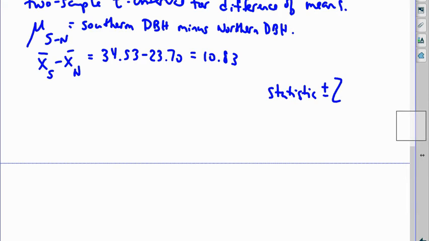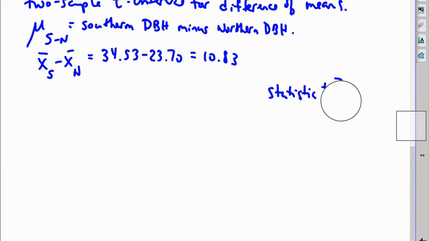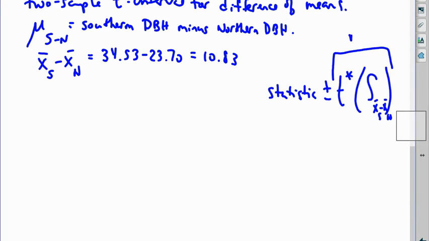Whoops, in this case it's a t, not a z. I was about to write a z. Critical t. And then in here you're going to have your standard error for your south minus north. These two things together make up the margin of error.